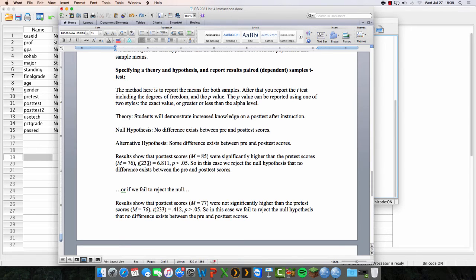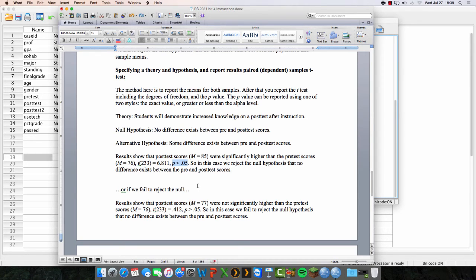The sample size, right there, is the degrees of freedom, which is actually the sample size minus 1, right? So the degrees of freedom and the value of the t-statistic, and most importantly, the p-value of less than 0.05.